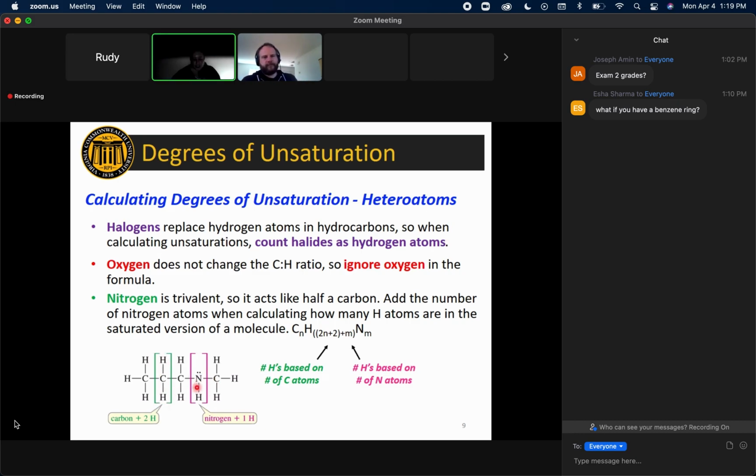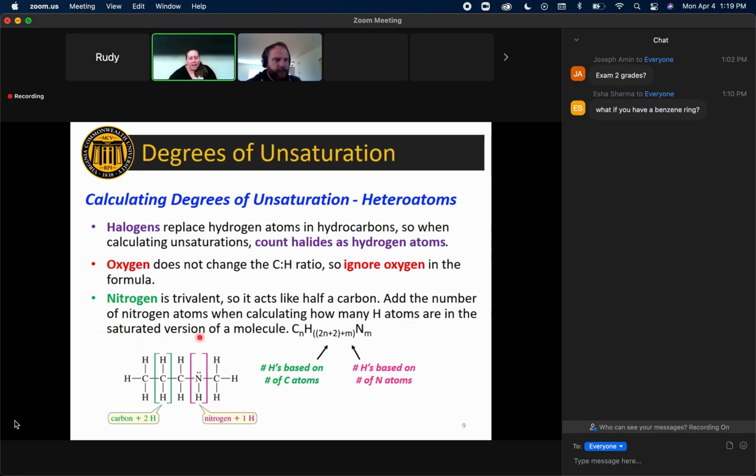When we insert a nitrogen into that chain, that nitrogen is going to use 2 out of its 3 bonds to keep the chain going, and a 3rd bond to bond to a hydrogen atom. And then the rest of its octet will be filled by a lone pair if it's got no formal charges. So this kind of pictorial representation is the basis for this mathematical equation.